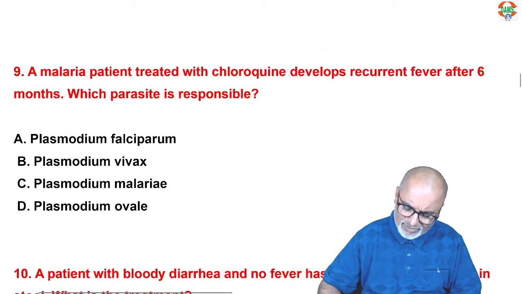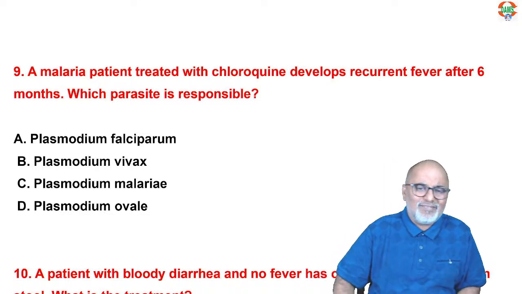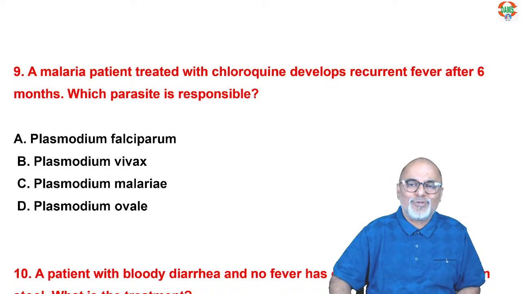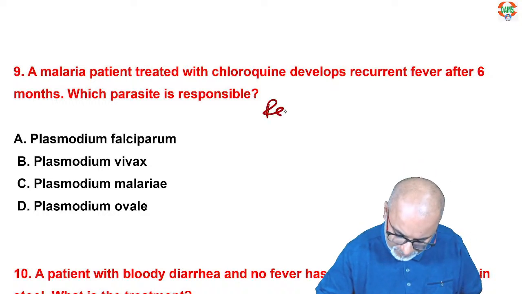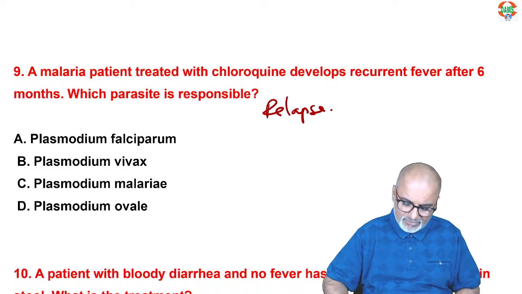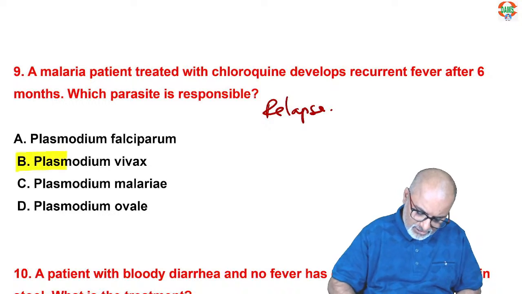Malaria patient treated with chloroquine develops recurrent fever after 6 months. Which parasite is responsible? After 6 months, it relapses. Relapse is commonly seen in Plasmodium vivax.